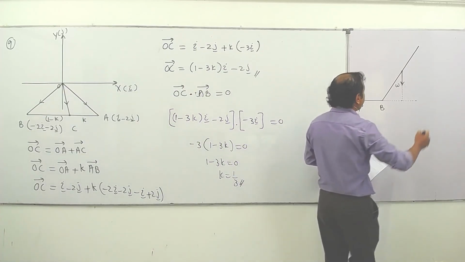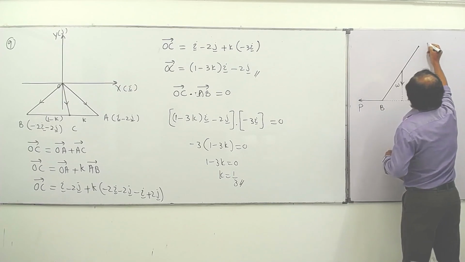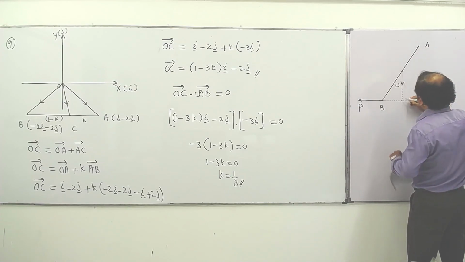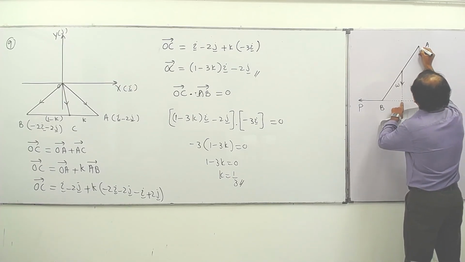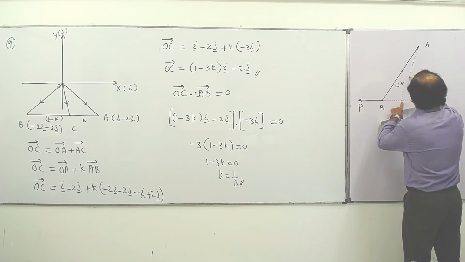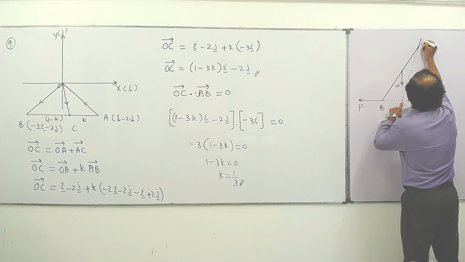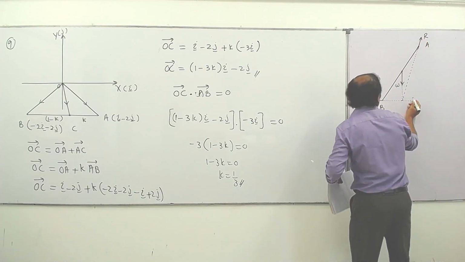So therefore, the reaction at A should definitely pass through this point, like this. This is the reaction at A, suppose R. They must meet at a point.